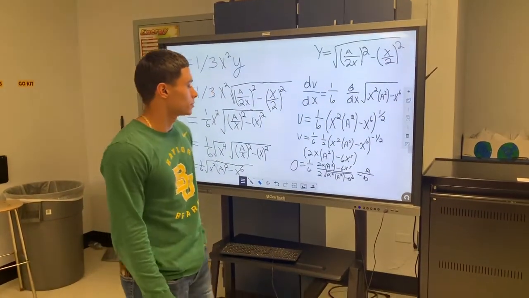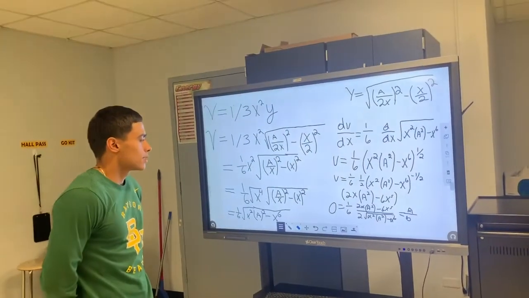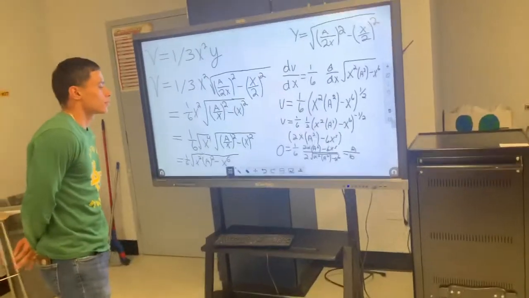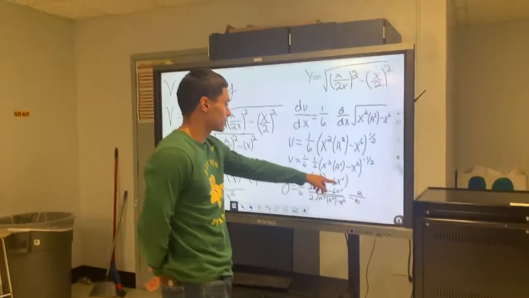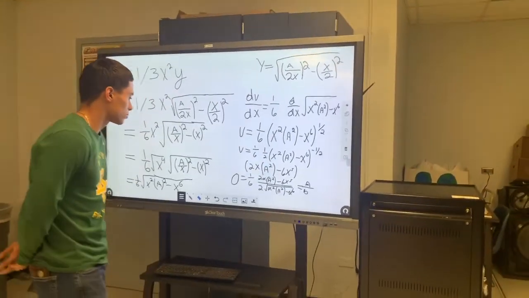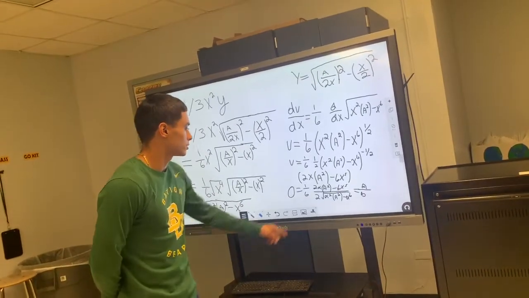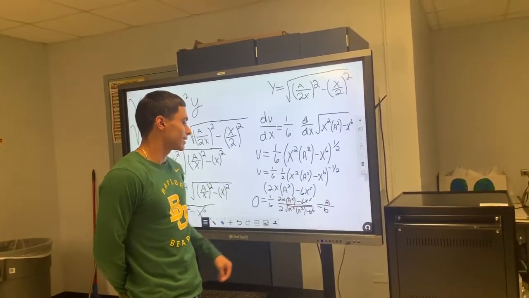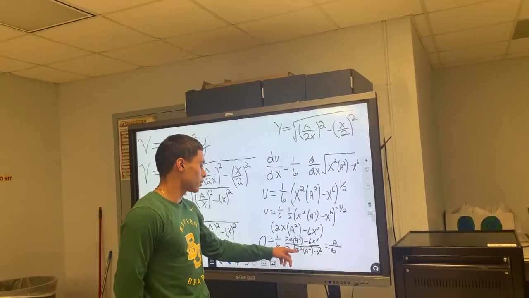We multiply by the derivative of the inside part of the equation, which is 2x times A squared minus 6x to the 5th. Using what was given, we have 0 equals 1 over 6 times 2x times A squared minus 6x to the 5th, all over 2 times the square root of x squared times A squared minus x to the 6th.